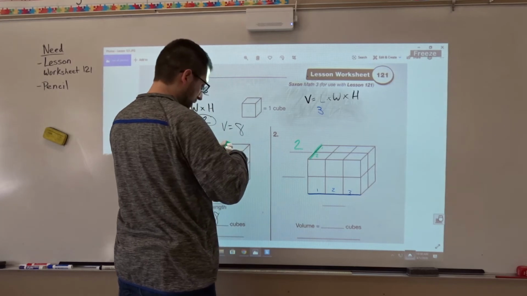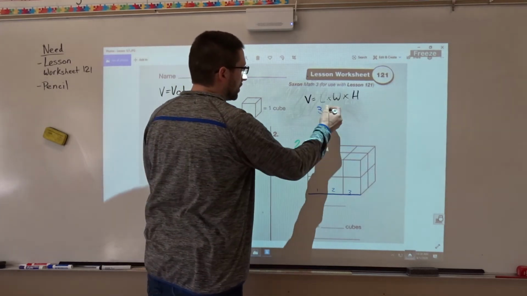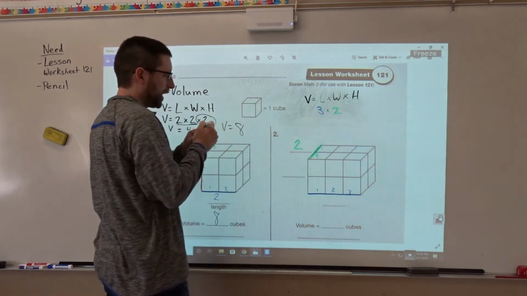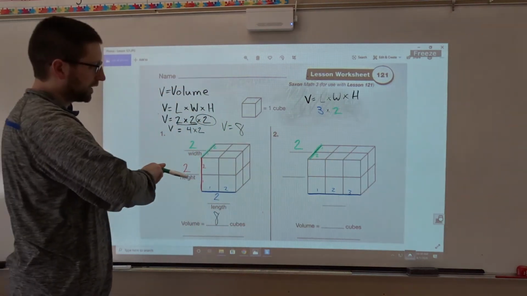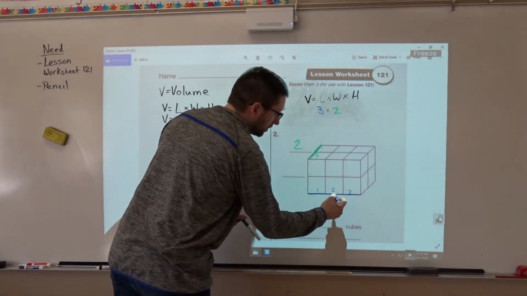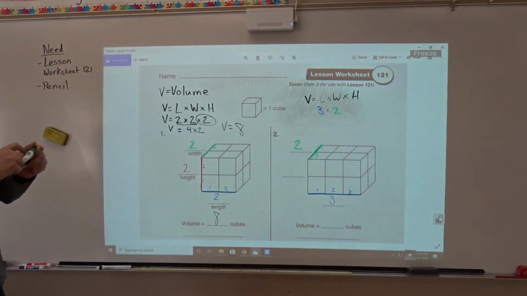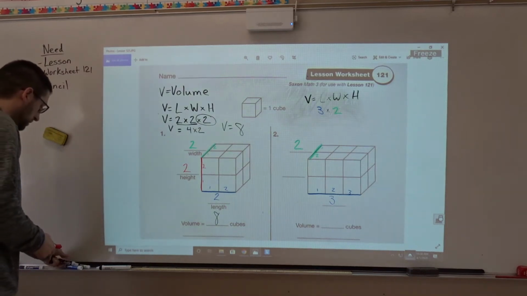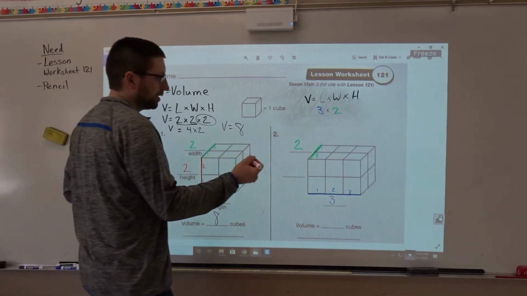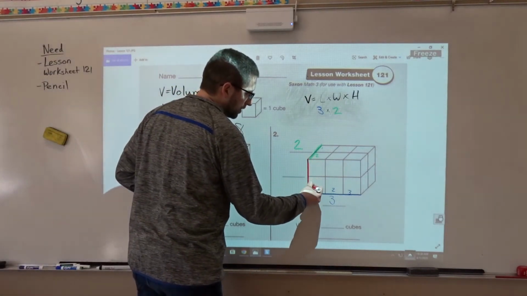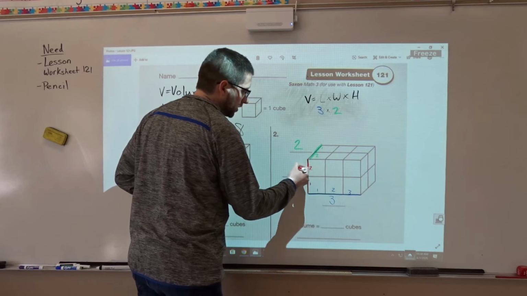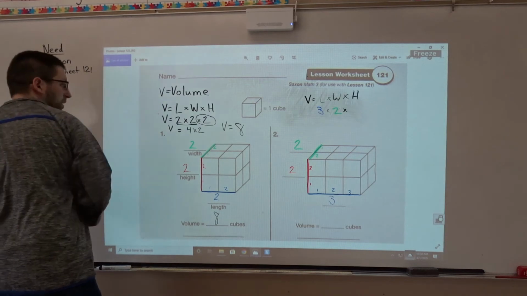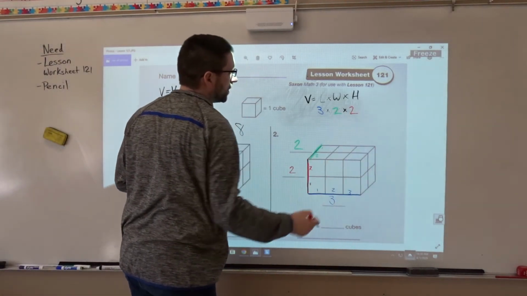So 3 times 2, but I also need the height yet. I forgot to write a 3 down here, so go ahead if you didn't already. And then I am going to find the height, and the height is 2 cubes high. So 3 times 2 times 2.